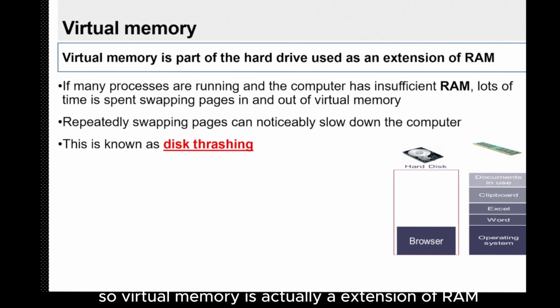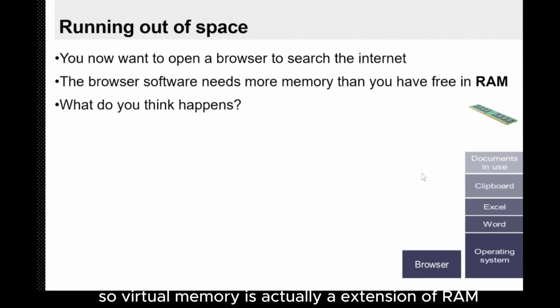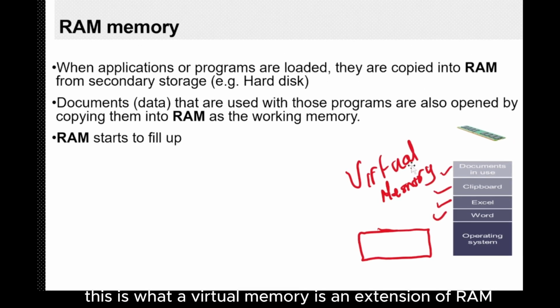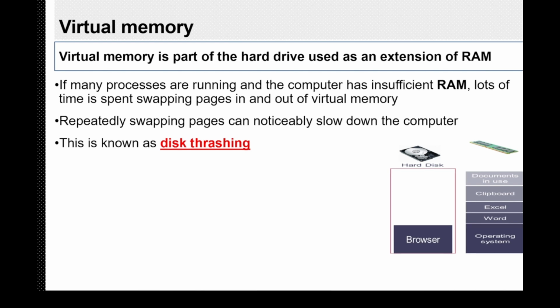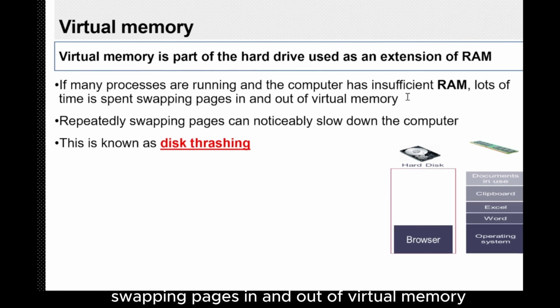So this is what virtual memory is, an extension of RAM. If many processes are running and the computer has insufficient RAM, lots of time is spent swapping pages in and out of virtual memory.